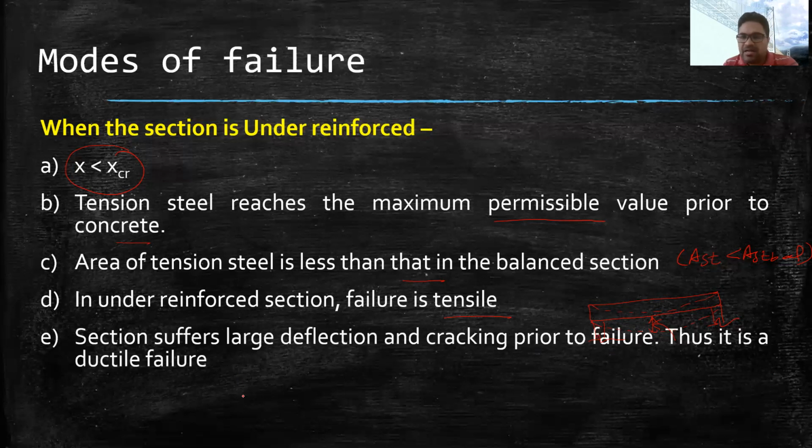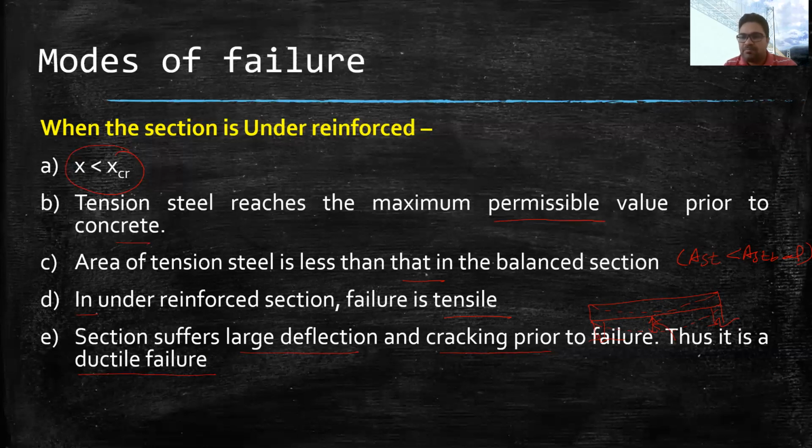In this under-reinforced section, the section suffers large deflection, as I just told you. Also, before the failure, the beam will have some cracking at the lower side, and therefore the failure is termed as the ductile failure, which means the beam is not failing suddenly.